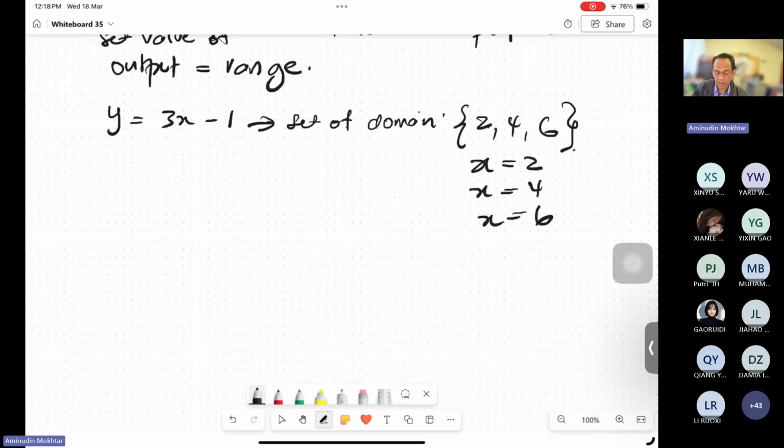Given in the equation there are 3 values of x, equal to 2, 4, and 6. What happens to y? Please remember, x is the domain, y is the output. If x takes one value, the value of y will change depending on the equation.